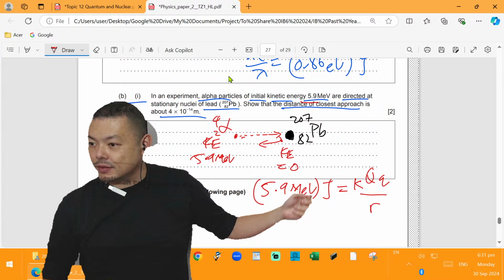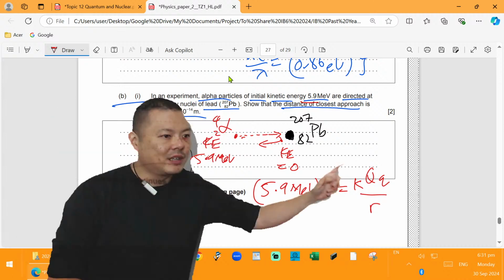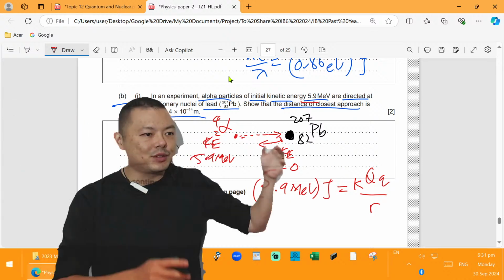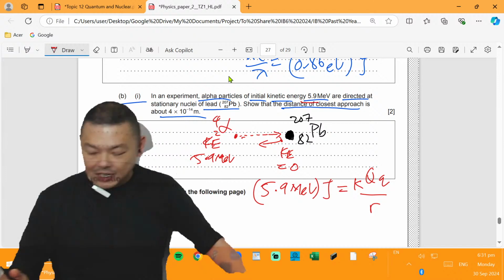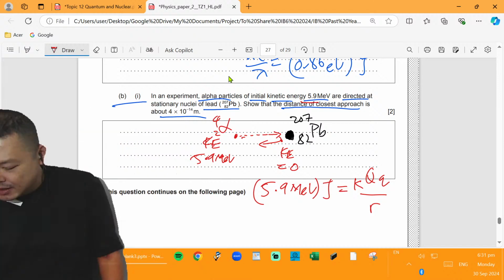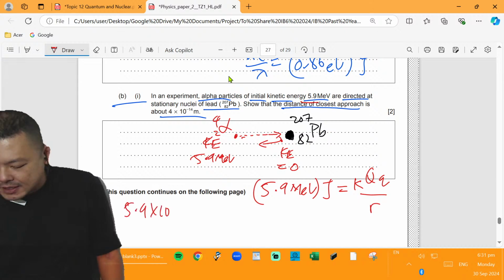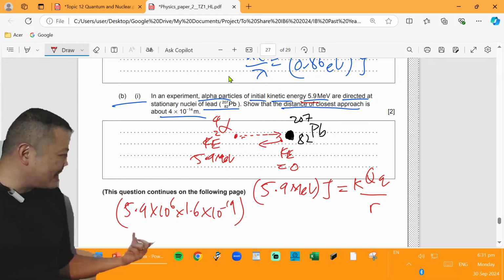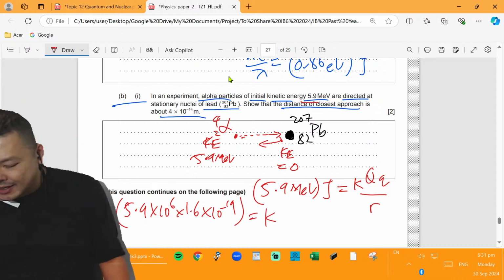But what's the next common mistake students make here? They forget that the 2 and the 82 still need to be multiplied by the elementary charge. That means the working looks like this. 5.9 times 10 to the power 6 times 1.6 times 10 to the power minus 19, that's the conversion to joules, equals k.